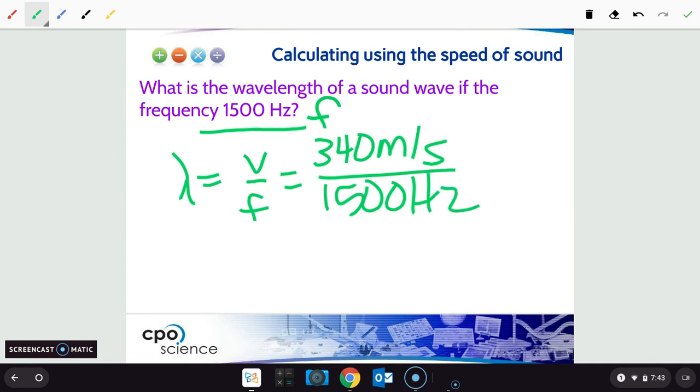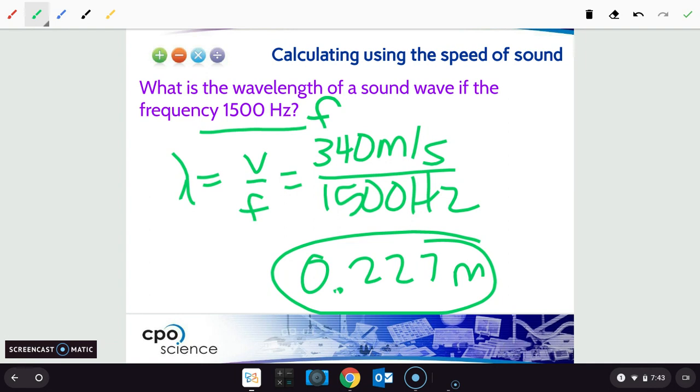And then you would complete the math. Sorry, I don't have my calculator up. So 340 divided by 1500, and you will get 0.22666, so 0.227, and wavelength in this case would be measured in meters.